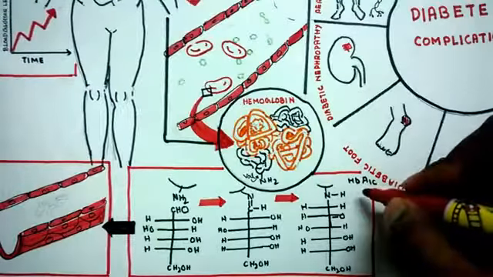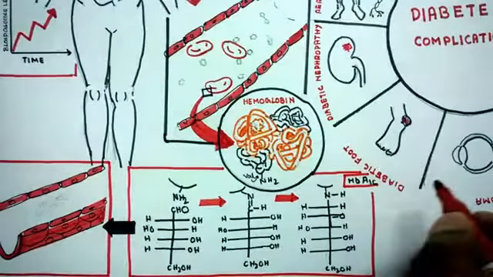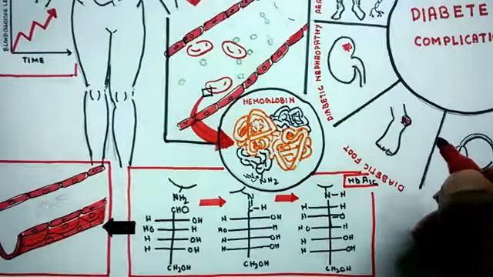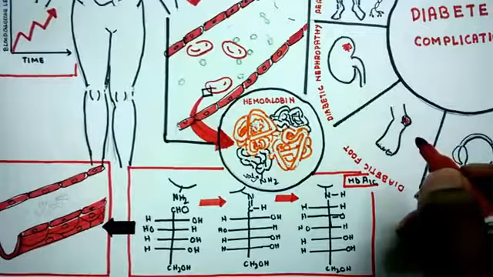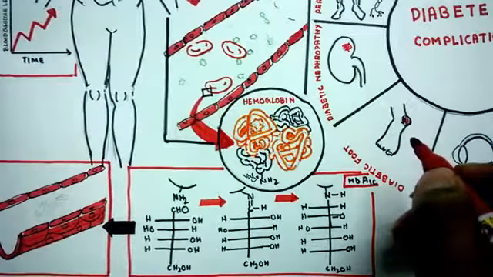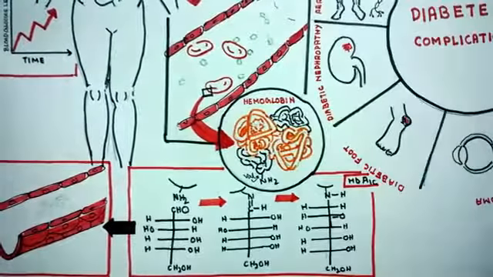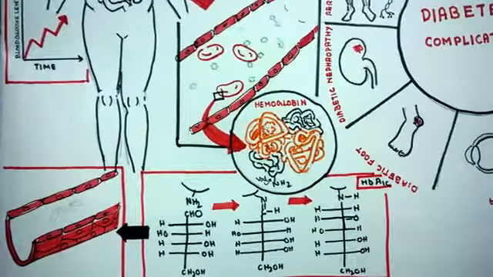So this HbA1c level in the blood is also an indirect measure of the glycemic state of the body. So this HbA1c test is a popular test for diabetic patients. This test also tells us about the glycemic state of a person. After that, we will learn how this advanced glycosylation product is harmful for our body.